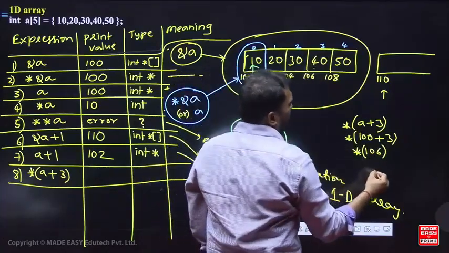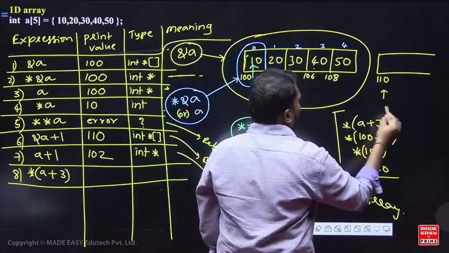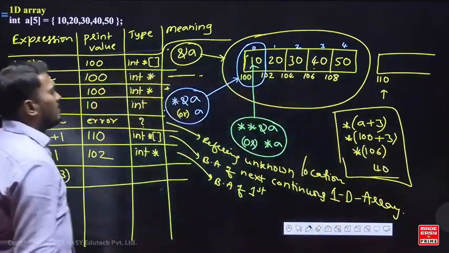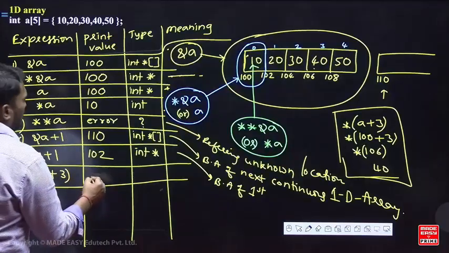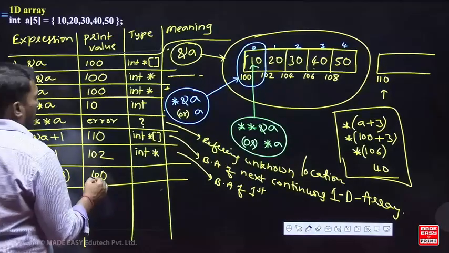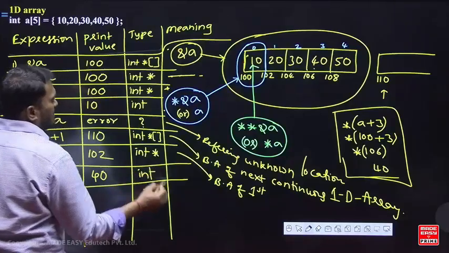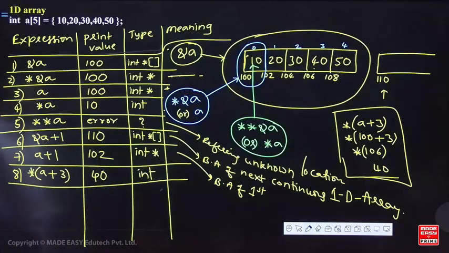Value at the location 106. How much is that? 40. So it will print 40. Yes or no? Okay, and tell me, what is the type here? Type is integer. Right, very good.